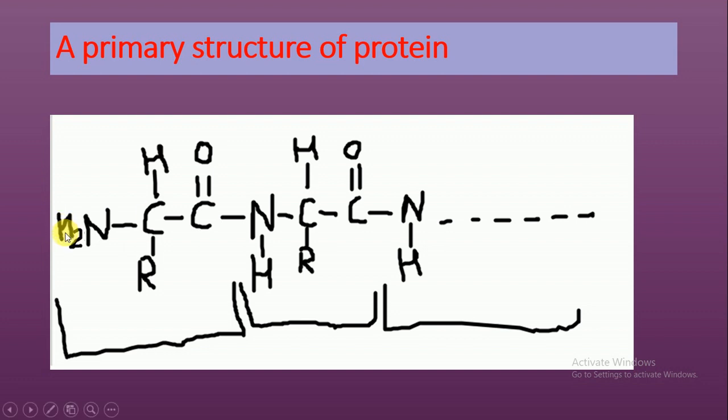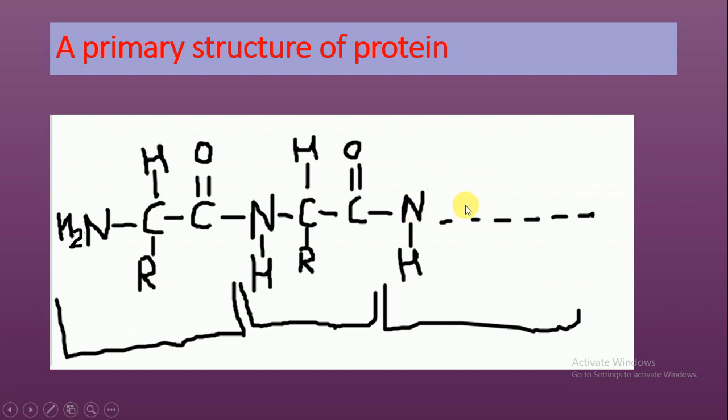Here this H2N CHR C double bond O N, up to here you can see this is one amide group, this is another amide group, and after this N, this continues to a long chain.